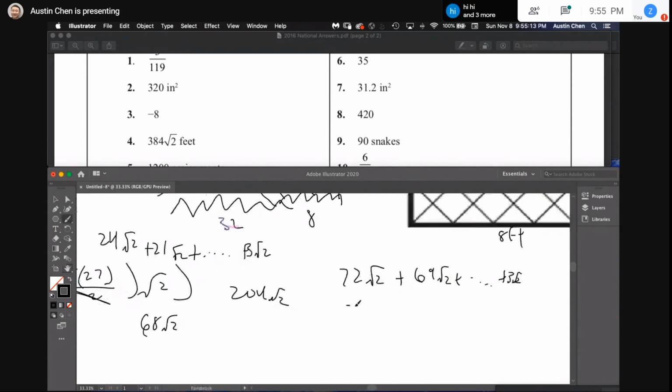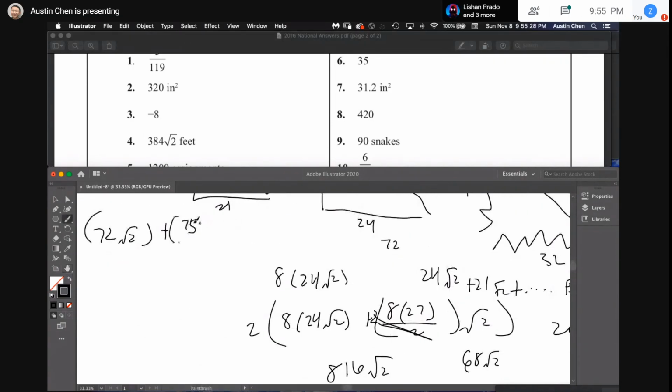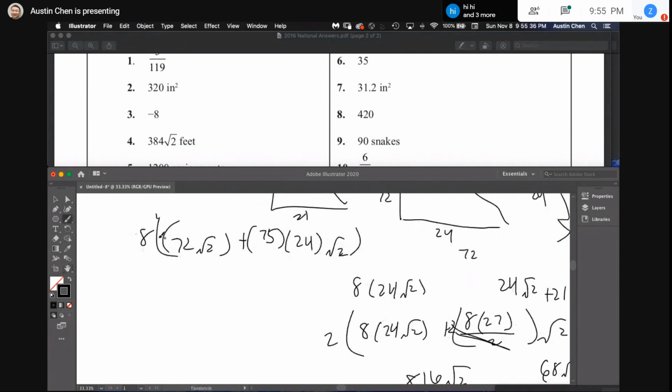So this is going to be 75 times 24 over 2 times root 2, and we're going to double this. So this is going to be 75 times 24 times root 2, and then we're going to double all of this, right? So let's see what that coefficient is. Oh, whoops.